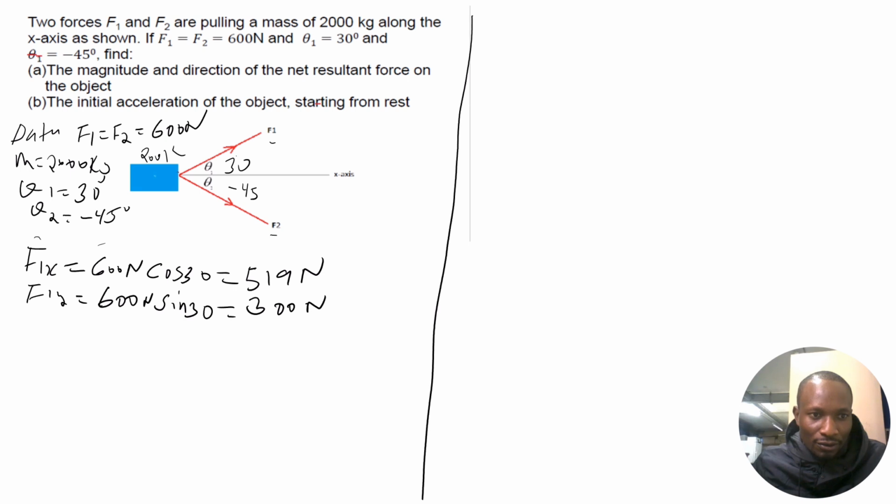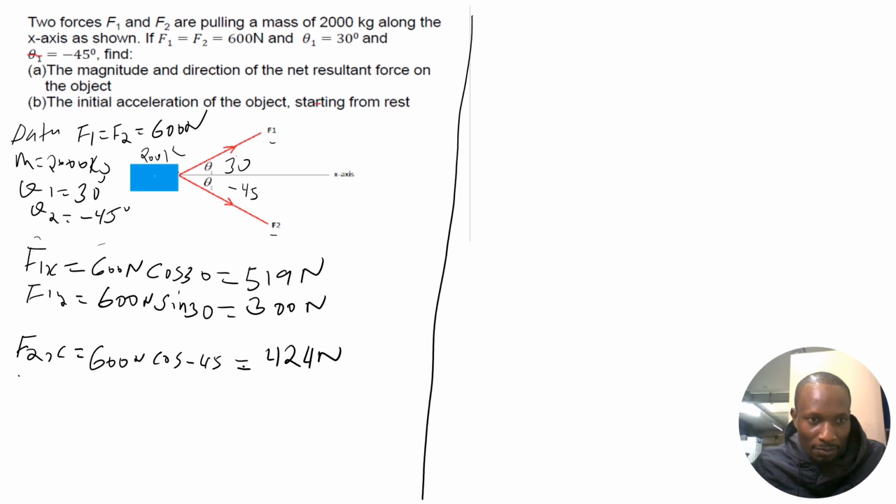The same we're going to do for F2, and we want to know F2 in its x component. That is going to be the magnitude of force 2, which is 600 newtons cos minus 45, and that is 424 newtons.